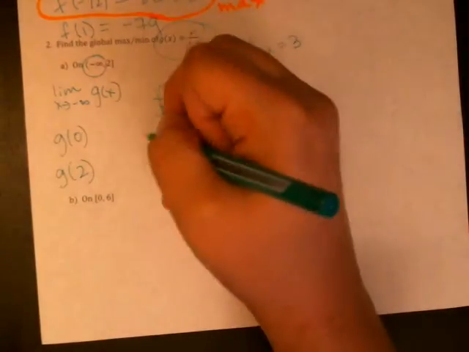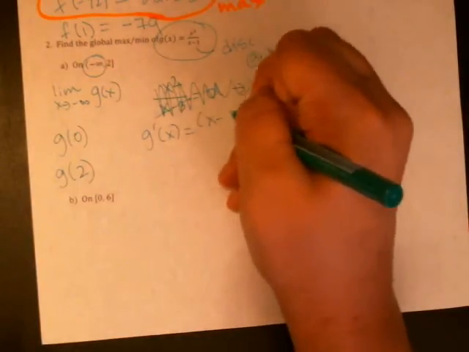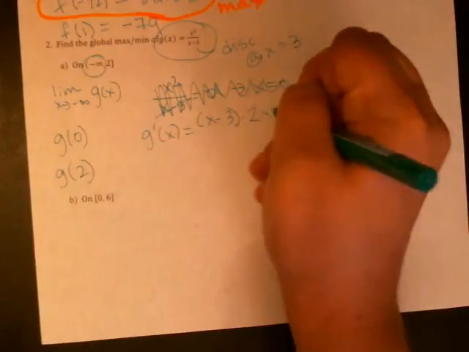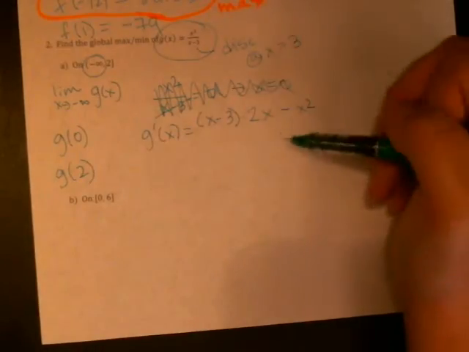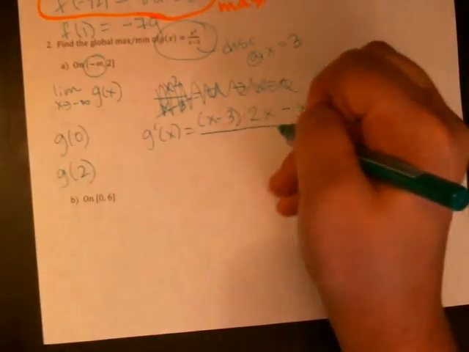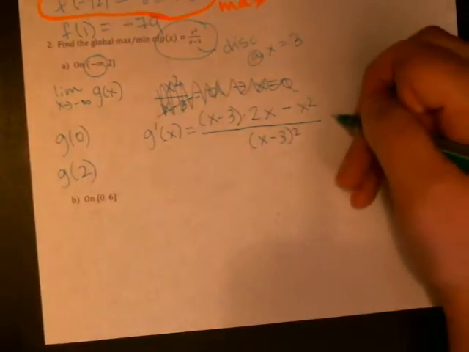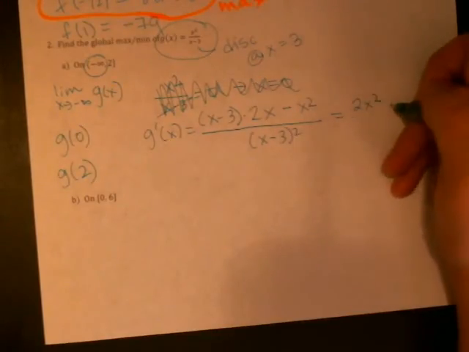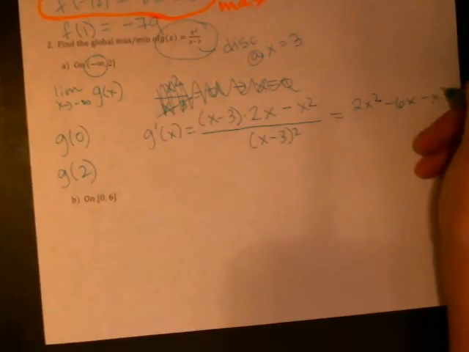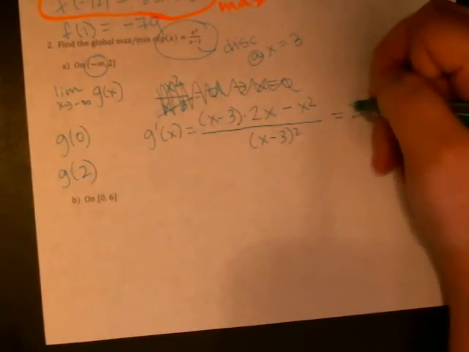If I'm looking for a critical value, I need to set g prime equal to 0. So g prime is equal to the bottom, x minus 3, times the derivative of the top, minus the top, x squared, times the derivative of the bottom, which is 1, all over the bottom squared, which is 2x squared minus 6x minus x squared over x minus 3 squared.